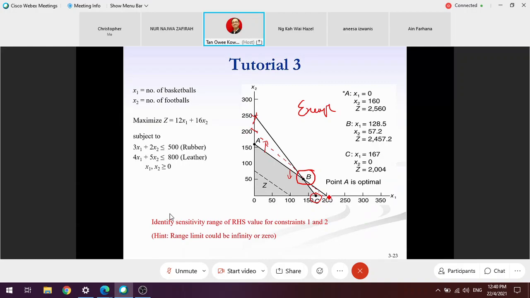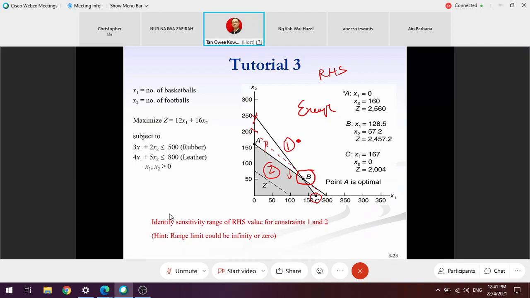Okay, I recap. In order to find right-hand side sensitivity, say we have 2 constraints, constraint 1 and constraint 2.